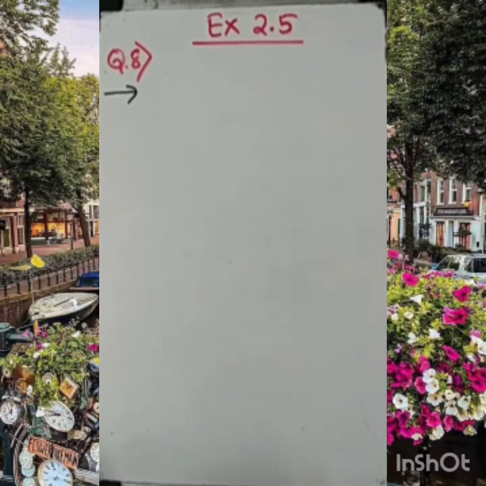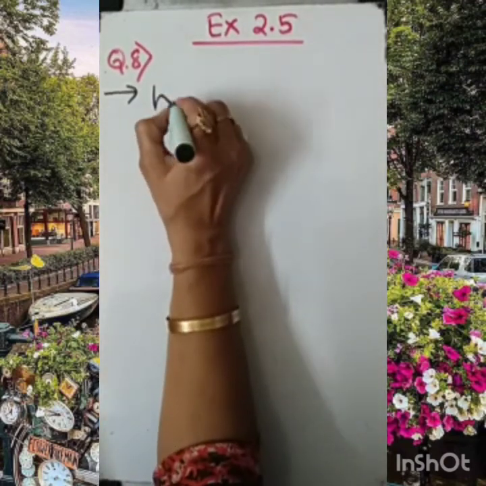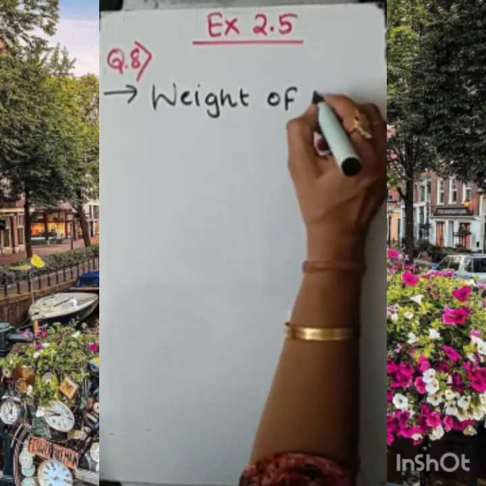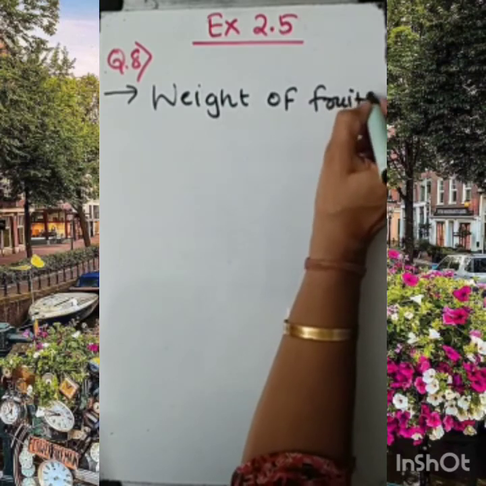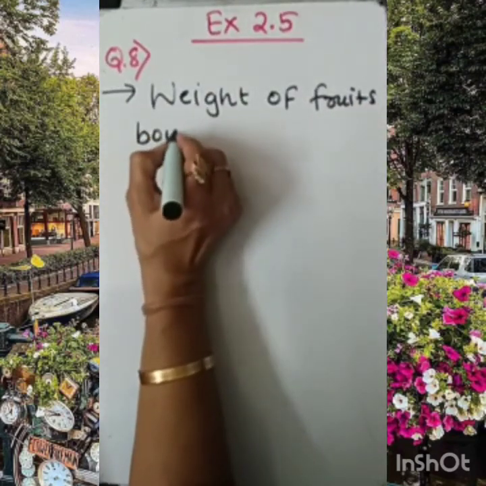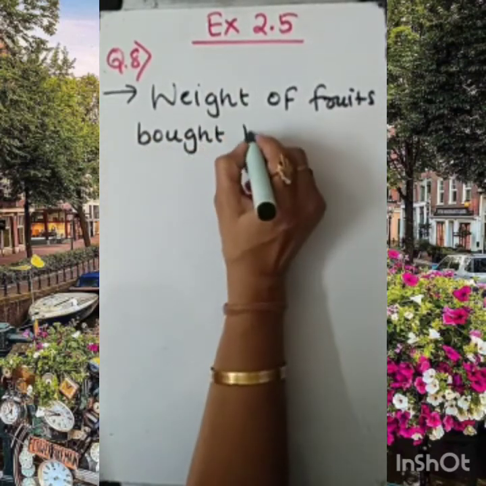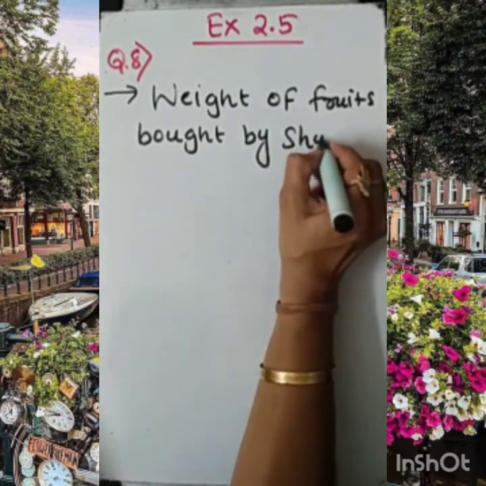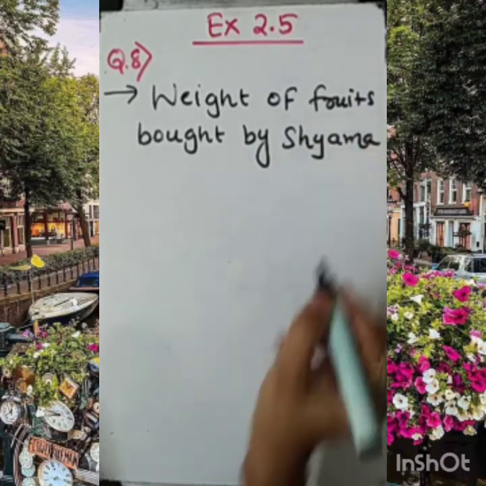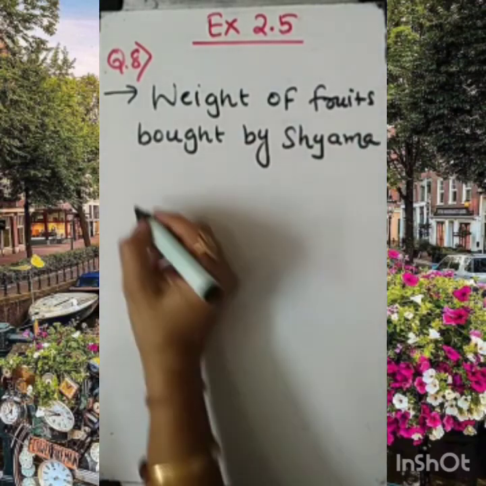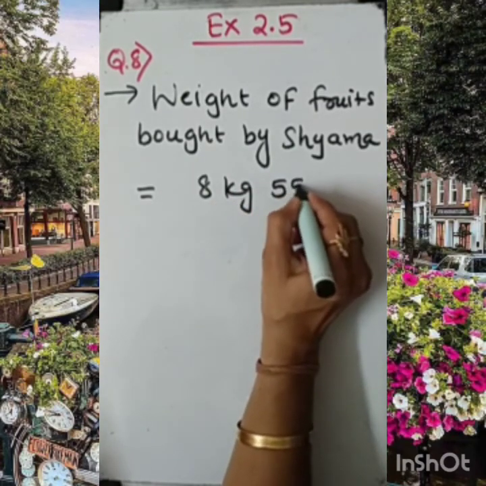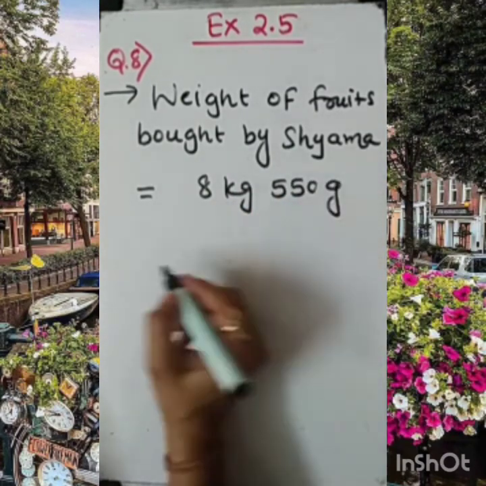Now let's come to the final answer. Weight of fruits bought by Shama, it was 8 kg 550 gram. This was our first answer.